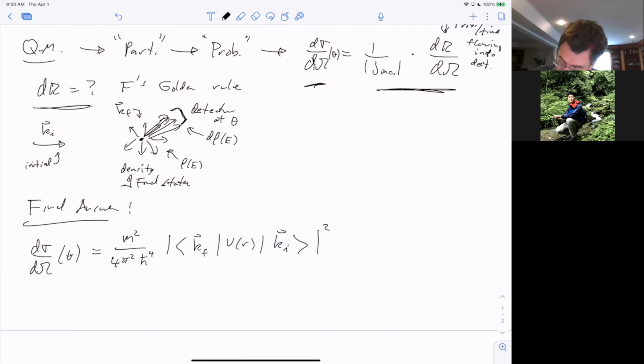It's sort of like we have an initial state, k initial, we have the potential, and then we have a final state, k final. And in the language of perturbation theory, the initial state is making transitions into the final state, and the perturbation is the potential. So it should coincide with your intuition on perturbation theory.